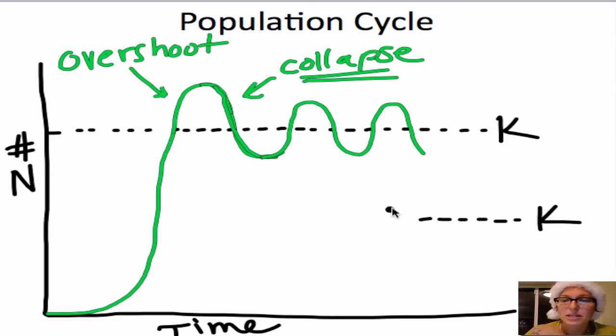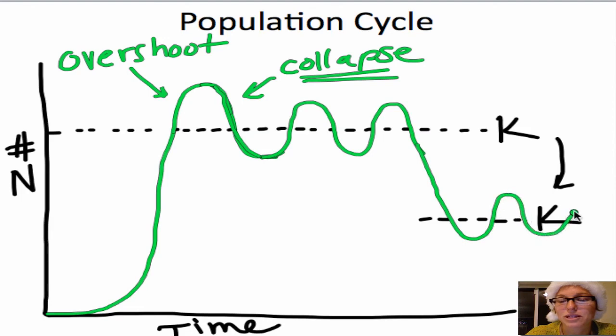That's going to establish a new carrying capacity. Because the environment became damaged to a point where it can't be repaired, our carrying capacity is going to decrease. And when it decreases, our collapse is going to keep collapsing until it is well below that new carrying capacity. And then the roller coaster ride of overshoot and collapse continues around that carrying capacity.